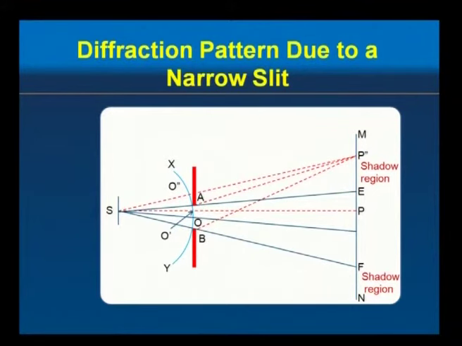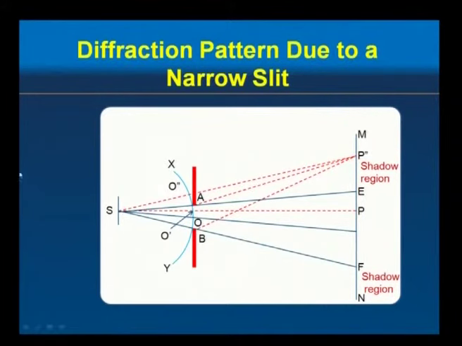Now it is divided into a number of half period zones. As I have been telling you repeatedly, the reason they are called half period zones is that the light coming from successive zones will be opposing each other, because the time difference T by 2 causes a phase difference of pi or a path difference of lambda by 2.